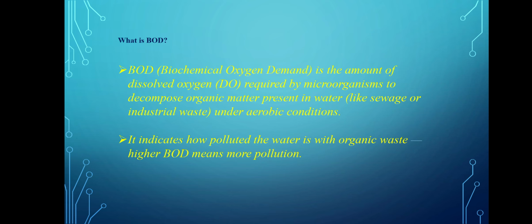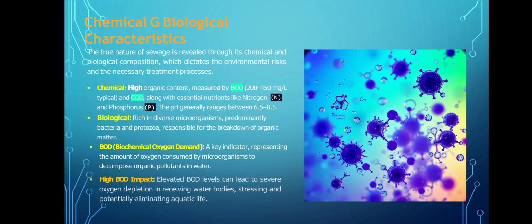Why is it important? Because it represents the amount of dissolved oxygen in the water and whether the oxygen is extractable or not. From the definition, we can conclude that the higher the BOD content, the more polluted the water is.